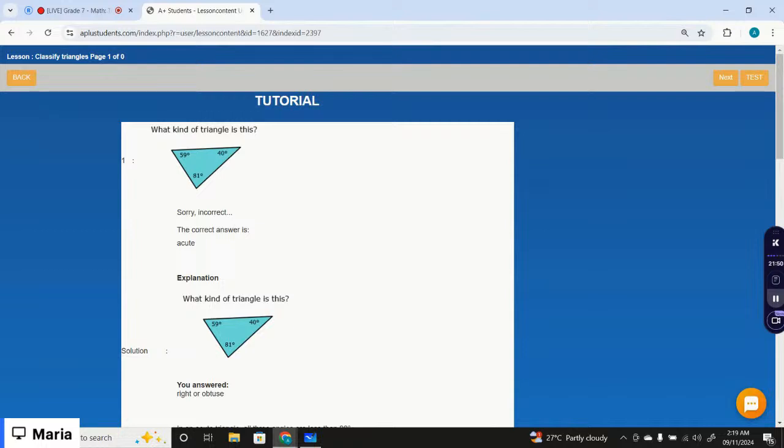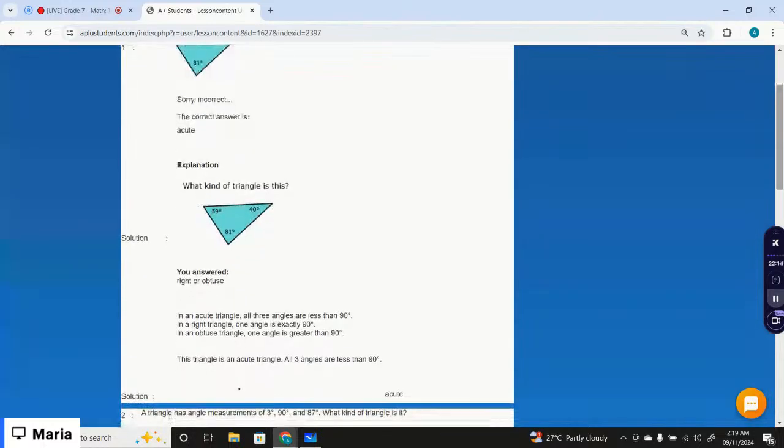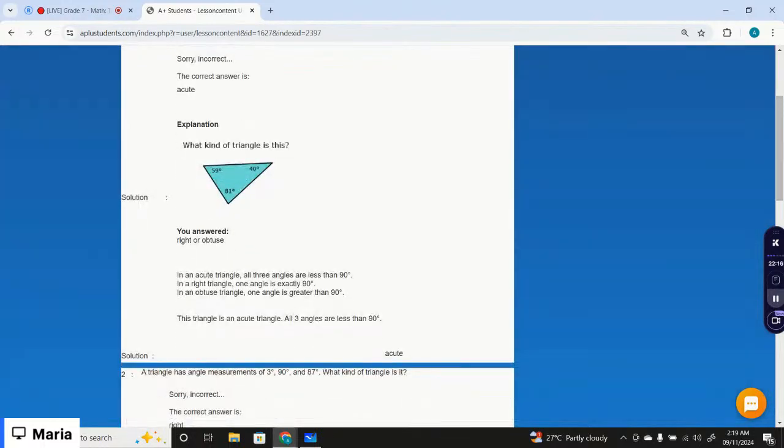That is 81 degrees, 59 degrees, and 40 degrees, right? All the angles are less than 90 degrees, right? That is an acute triangle. All the angles are less than 90 degrees, so that is an acute triangle.